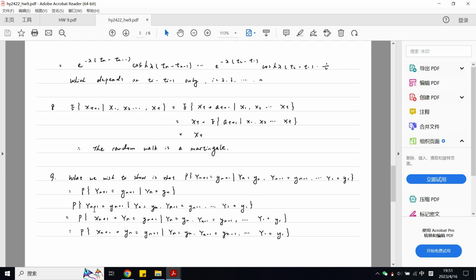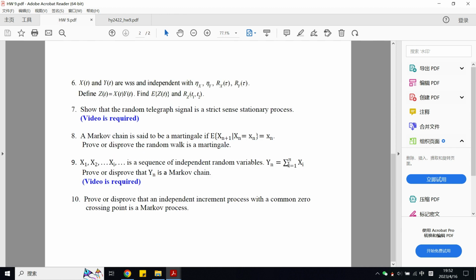So firstly, we need to find the result of the probability that yn+1 equals yn+1 given yn equals yn, yn-1 equals yn-1, and y1 equals y1. So this probability equals the probability that xn+1 plus yn equals yn+1, since yn equals the sum from i equals 1 to n of xi.